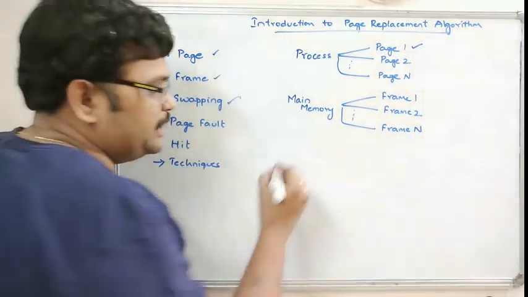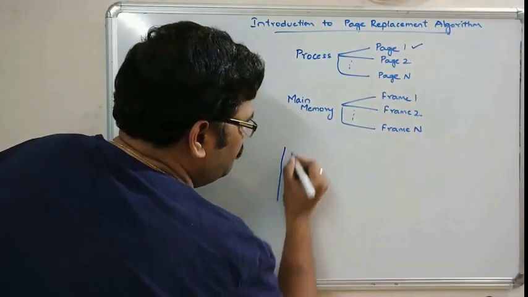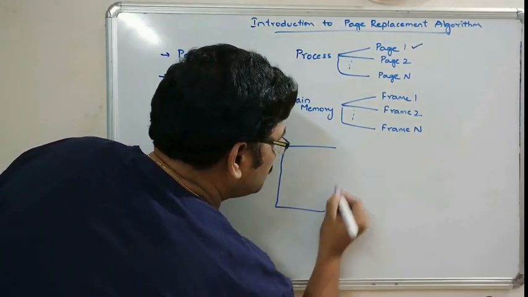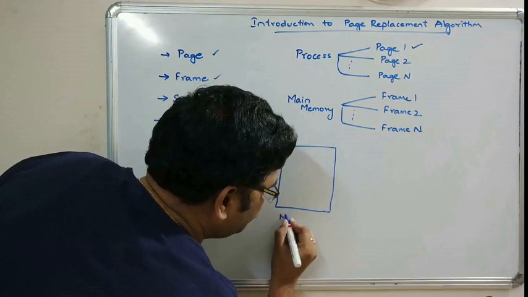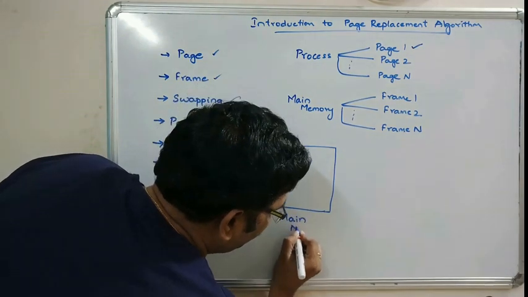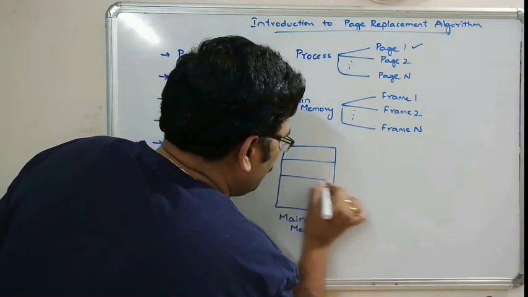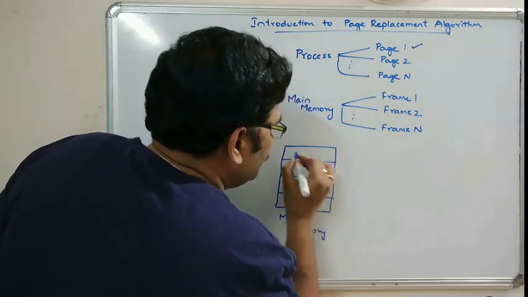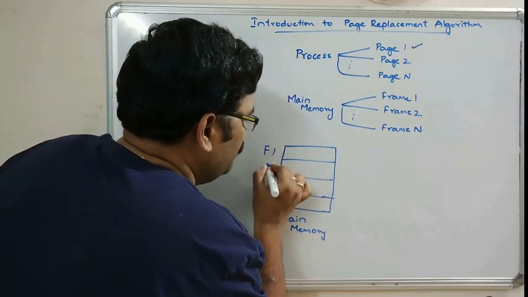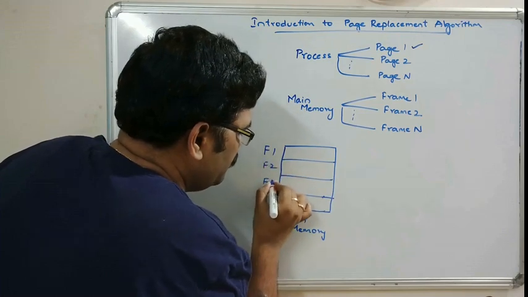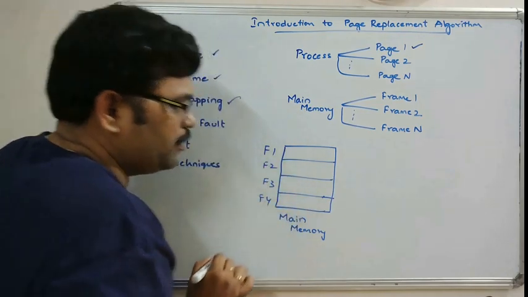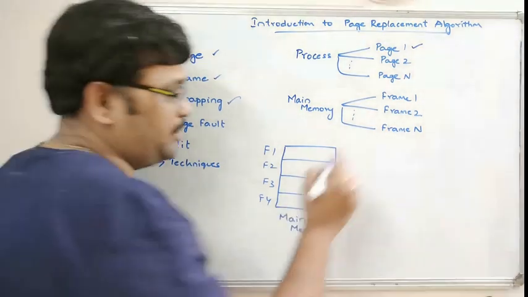Swapping. See, this is the main memory: frame 1, frame 2, frame 3, frame 4. So memory is divided into 4 frames.